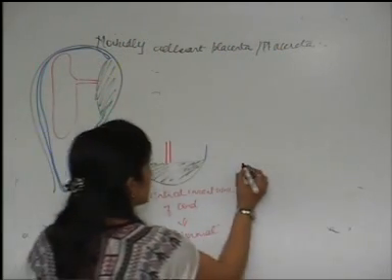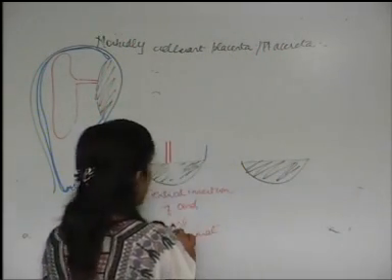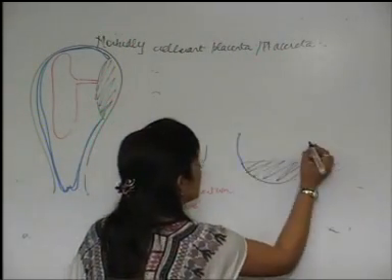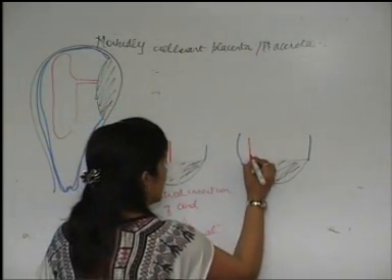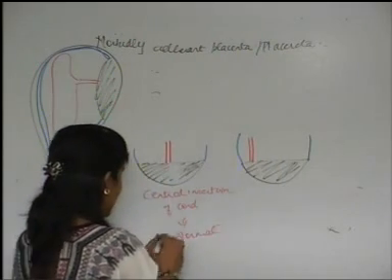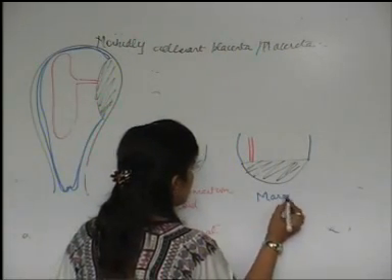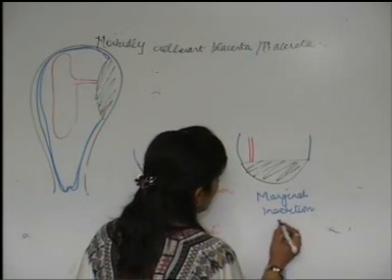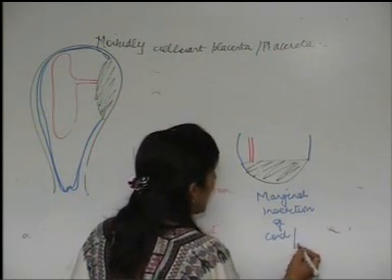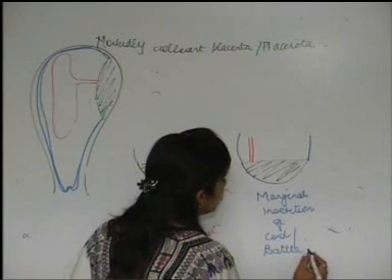In a few cases, the umbilical cord is inserted at one side of the placenta, then it is called marginal insertion of the cord, and such a placenta is called a battledore placenta.